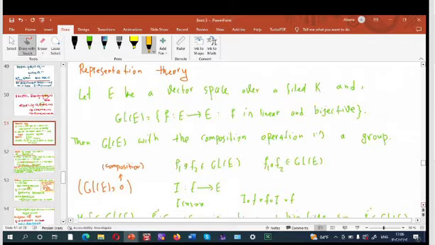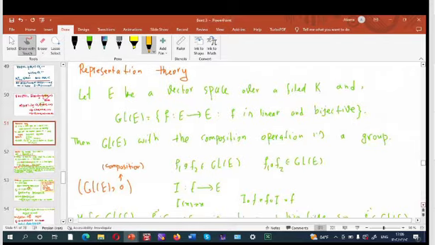ρ_G(g) is an element of this group GL of E, so that ρ_G(g) is a function from this vector space to itself.